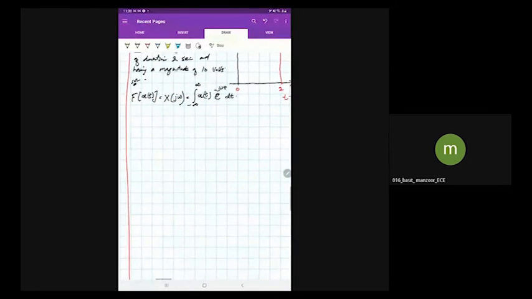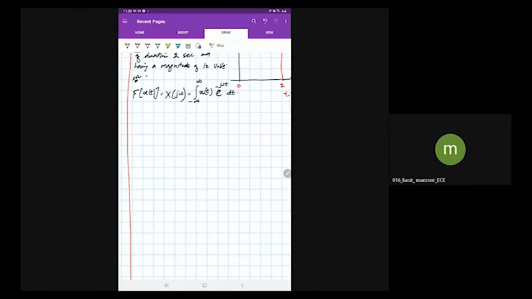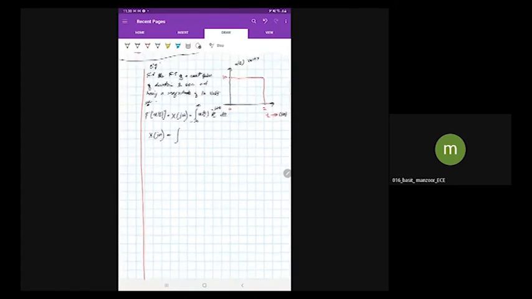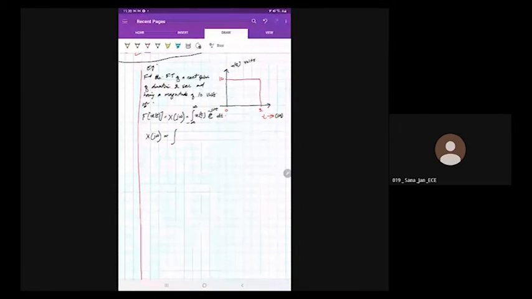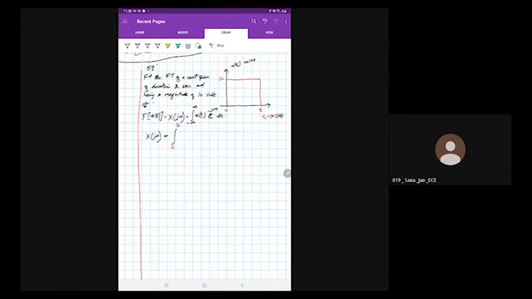According to the figure we can now write x of j omega as the integral of, I'll ask a student, roll number 19, what will be the limits? 0 to 2. Yes. Are you sure, 0 to 2? Okay, it will be 0 to 2.